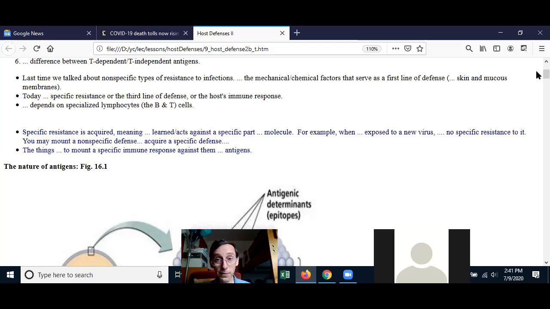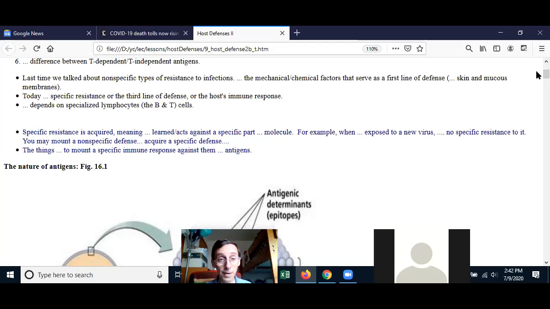And so when we're exposed to a new virus, we have no specific resistance to it. You can mount a non-specific defense, like your white blood cells will respond to a viral infection and try to engulf them. The trouble with viruses is, of course, they infect your cells, and then the white blood cells can't act.